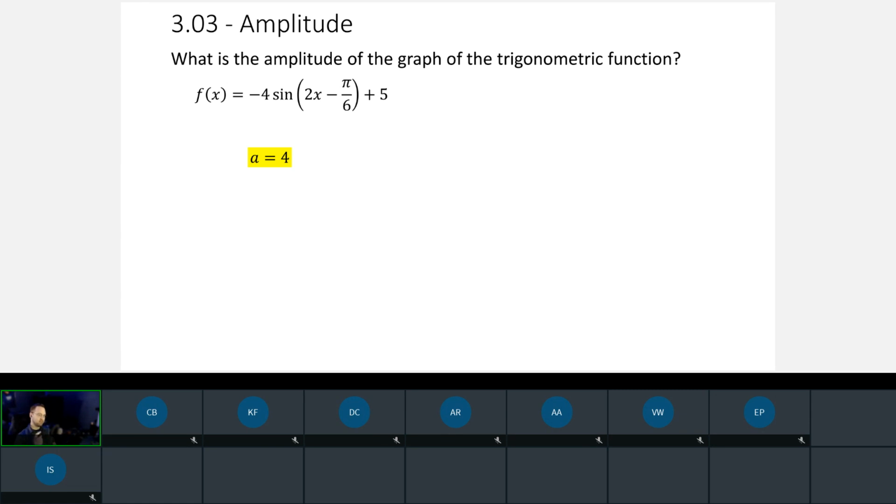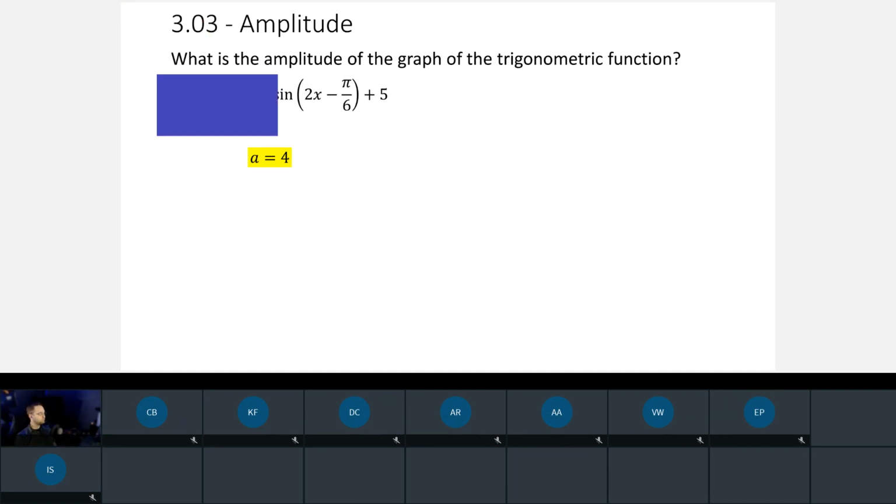That negative just causes a reflection. It flips it over the x-axis. So remember, amplitude is always positive. Don't miss this easy question. I know in my lesson last week, I had a mistake and I had a negative in front, even though I did state it during that lesson because someone asked me about it. Amplitude is always positive.